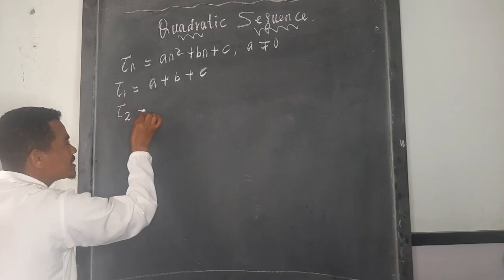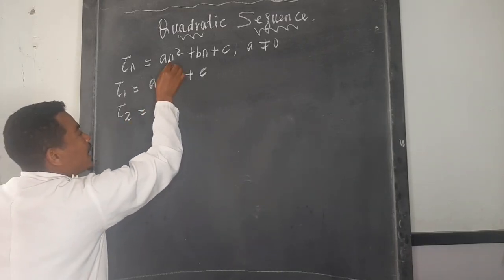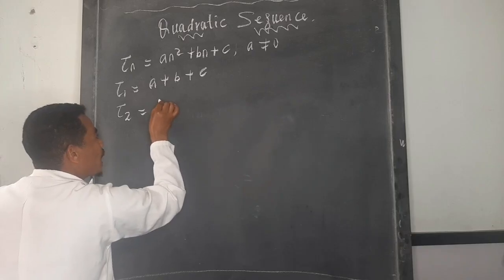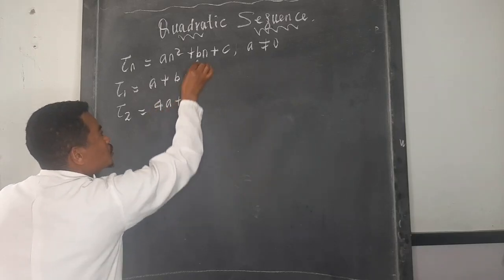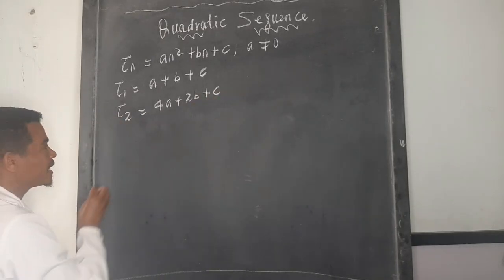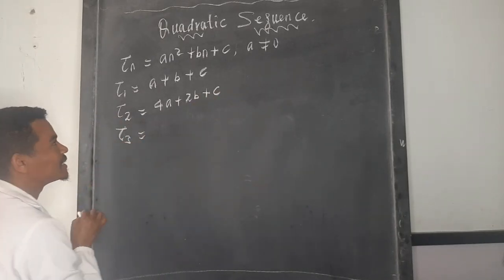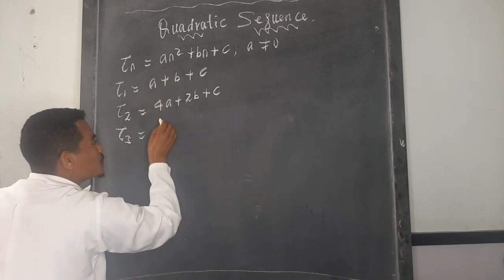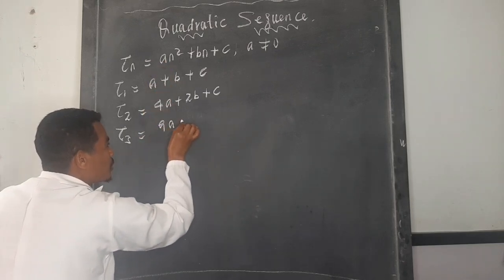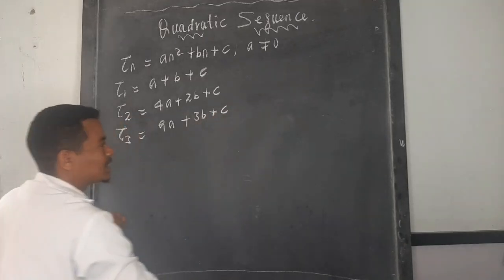T2 means the second term. That means the second term is a times 2 square, which is 4a, plus 2 times b, which is 2b, plus c. T3 means the third term: a times 3 square is 9a plus 3b plus c.